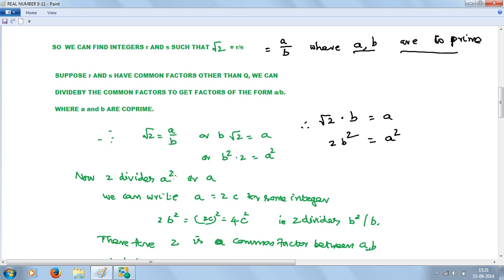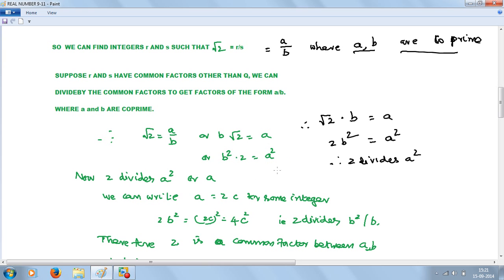Now this 2 divides a square. So if 2 divides a square, 2 divides a also. So as per the theorem above, if 2 divides a square, it divides a also.